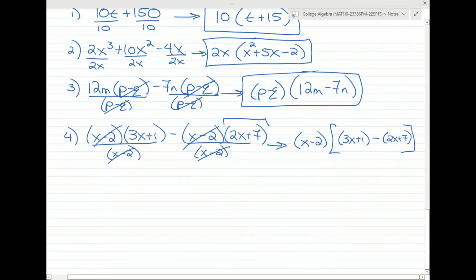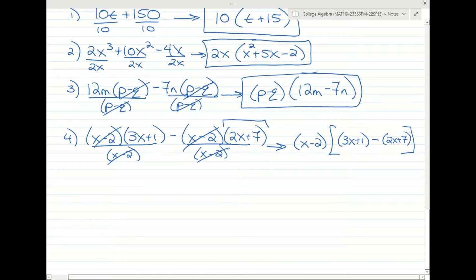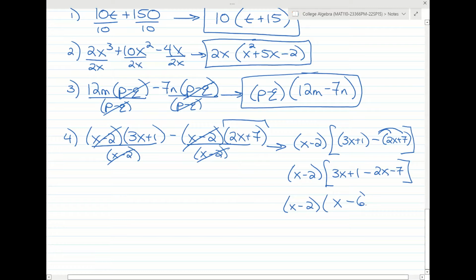So you want to make sure that you put that whole thing in parentheses. Yeah, so we have to distribute the negative. So this would just be x minus 2 times 3x plus 1 minus 2x minus 7, or x minus 2 times x minus 6. That would be it.